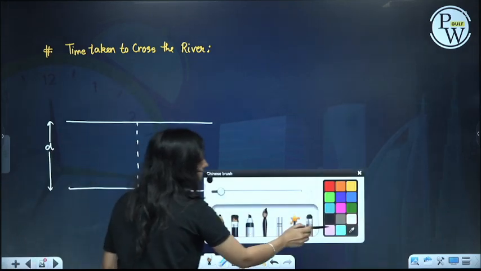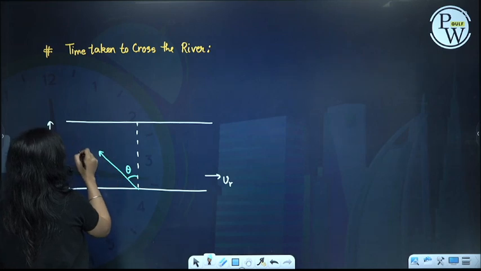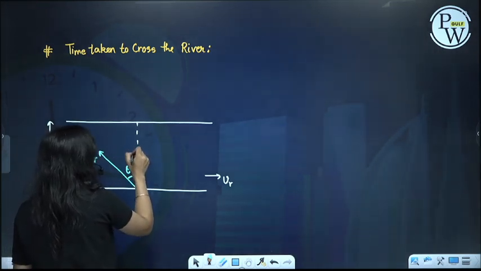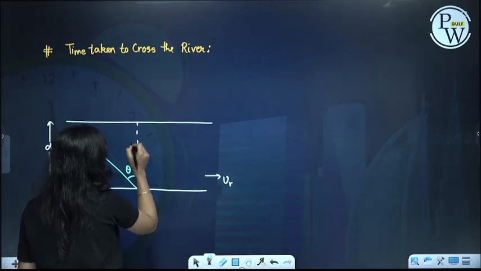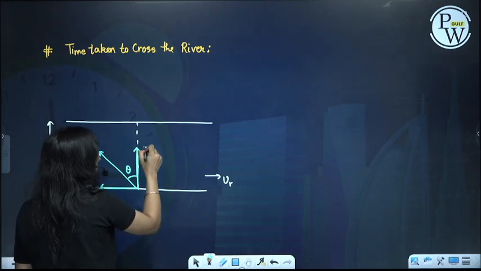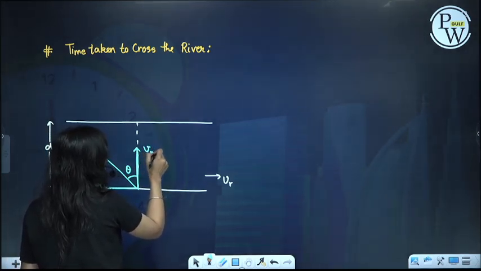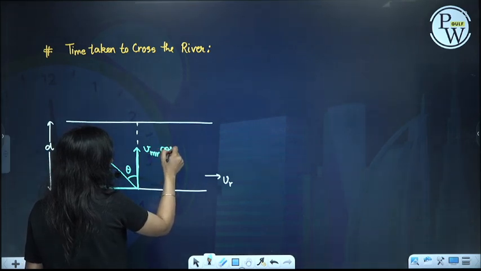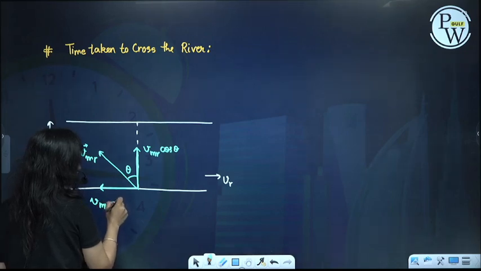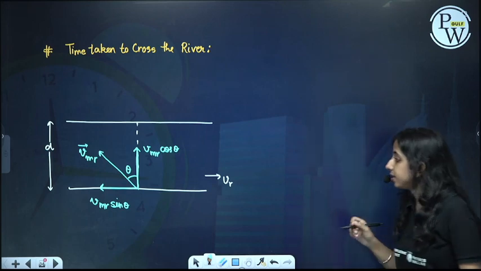Now the man starts moving at some angle theta with the velocity of man with respect to river. This velocity will have two components: one is vmr cos theta, and the other one is vmr sin theta.